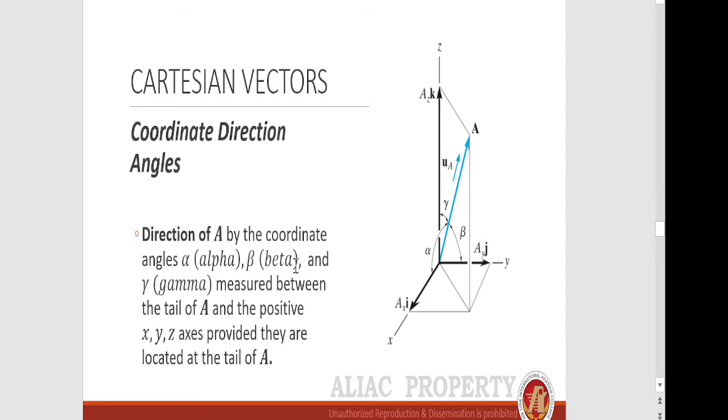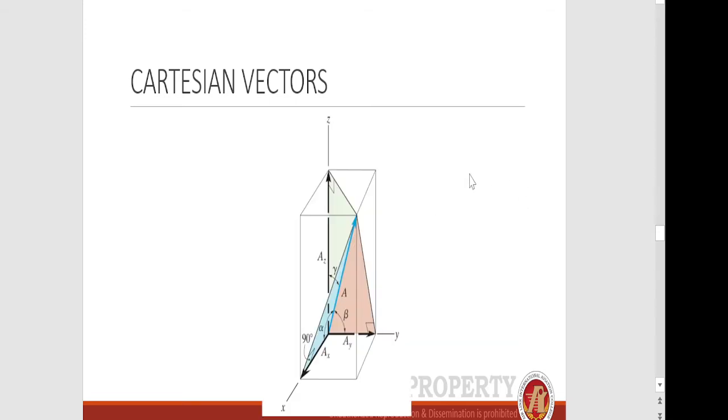Beta is the angle that vector A makes with the y-axis, and gamma is the angle that the vector makes with the z-axis. So it will direct you to the exact one point.